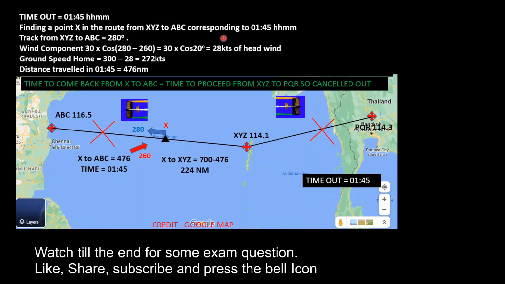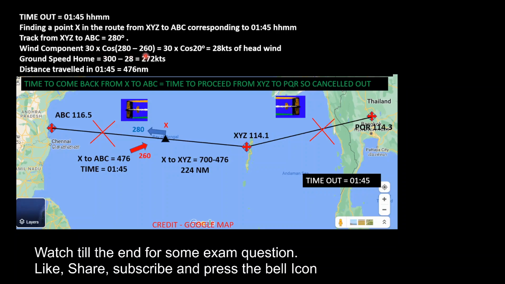So I will choose a point X, which is 1 hour 45 minutes to come back from X-ray to ABC. The track from XYZ to ABC will now be 280. And the wind velocity given in the question was 260, 30 knots.